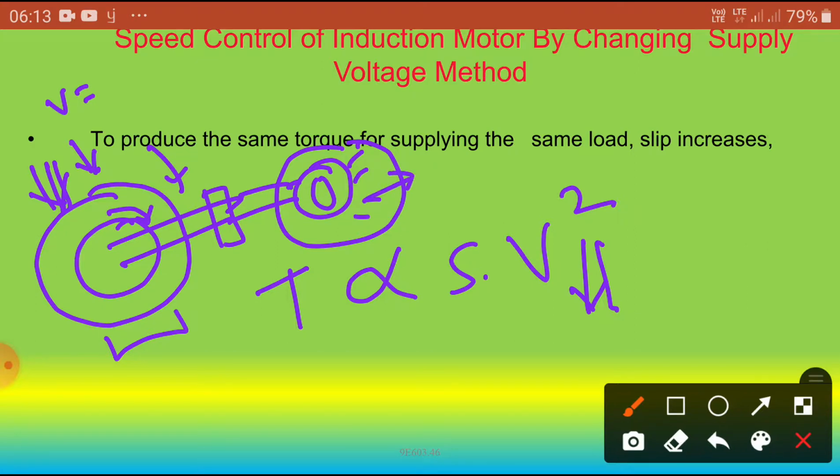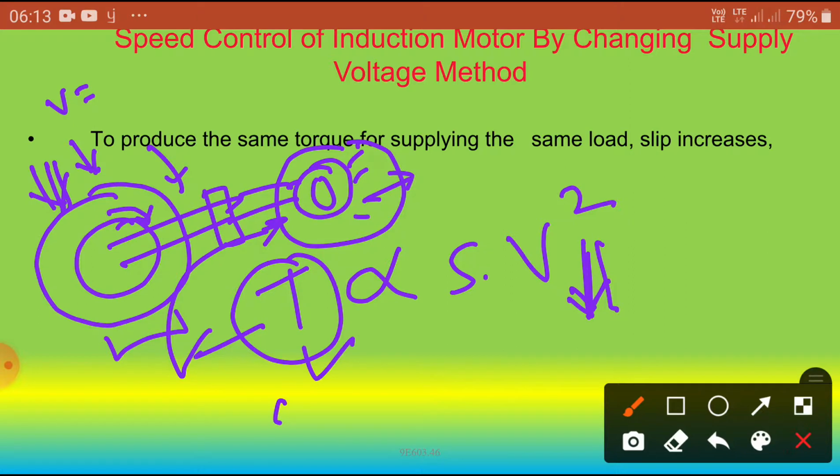Here the voltage is forcefully decreased, but the motor has to maintain the constant torque for the constant load. So the voltage is reduced, and to maintain constant T, S should be increased. What is the slip?